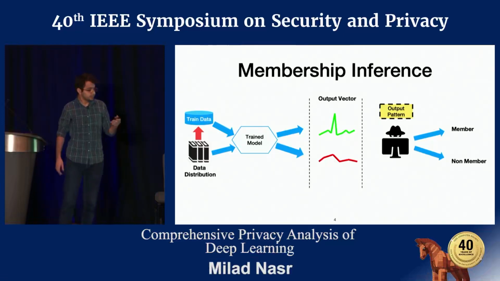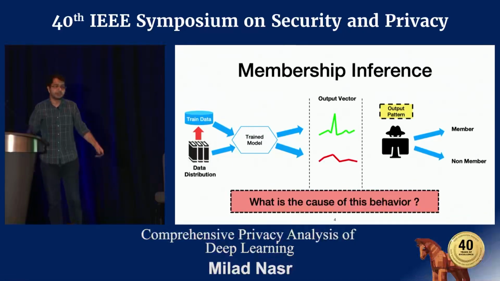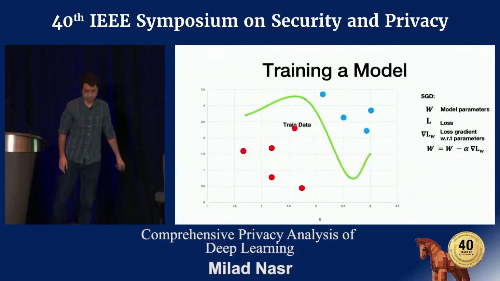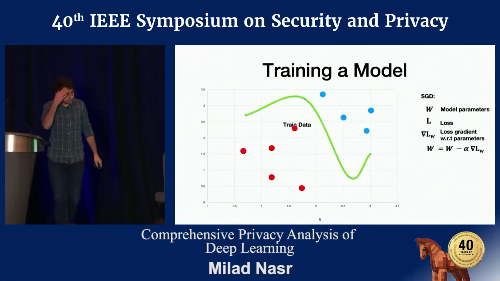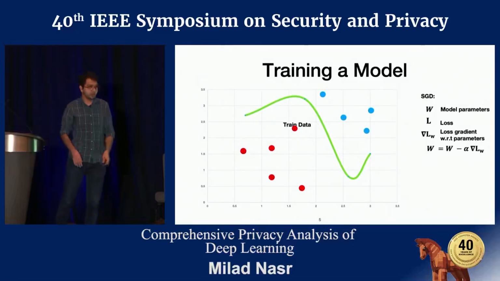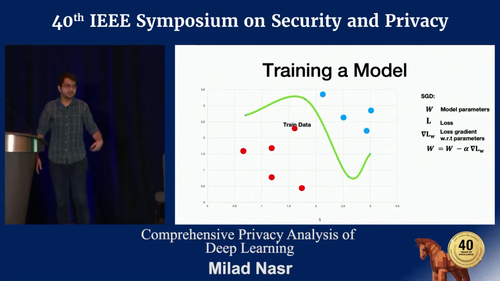But we want to go a step further and see what is the cause of this behavior, what makes deep learning behave differently in these scenarios. So let's take a look at how a deep learning model is trained. When you define a model, your model will have a set of parameters, and then you define a loss function.